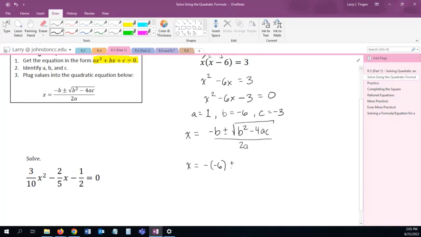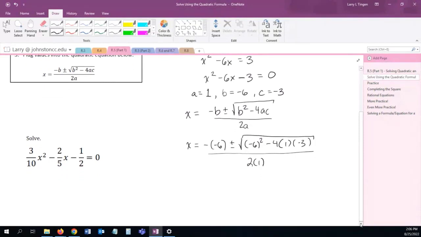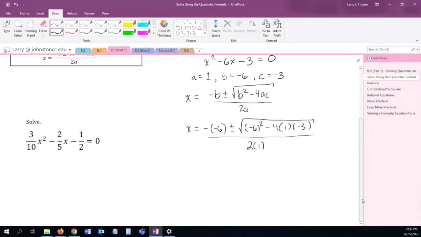So that's -6 plus or minus -6 squared minus 4 times 1 times -3, all divided by 2 times 1. Everybody okay with that process? No mistakes found? Everybody looks like I'm doing my math right?